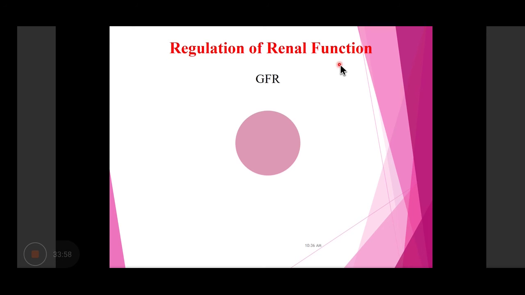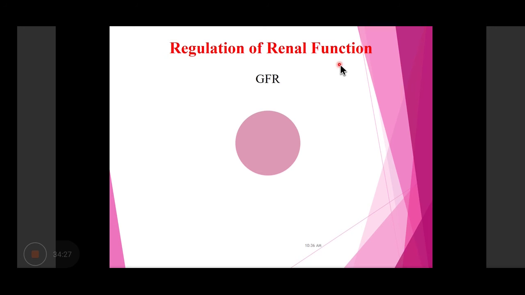Now, touching upon the regulation of renal function. A lot of things are controlling the renal function, the concentrating capacities of the kidney, the urine formation in general. It is under several factors which regulate it. The first factor, and the most important one, is the GFR, the glomerular filtration rate, which is in turn dependent on the renal blood flow.